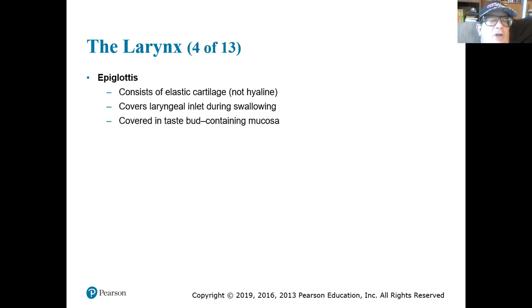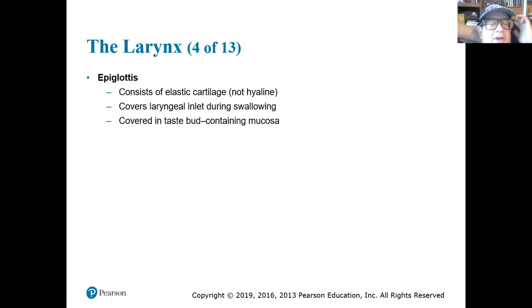All right, the epiglottis, epi means above, glottis is the opening or the hole. You already heard this is elastic cartilage like your ear. It's not hyaline cartilage. That's because it has to bend again and again and again. Every time you swallow and don't accidentally send fluid down to the lungs and choke and die, thank your epiglottis.